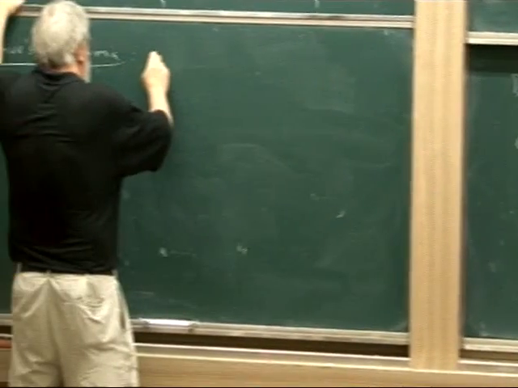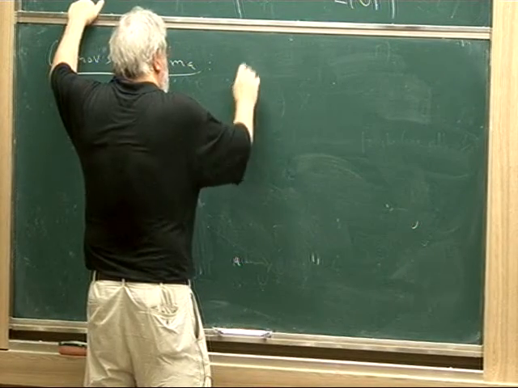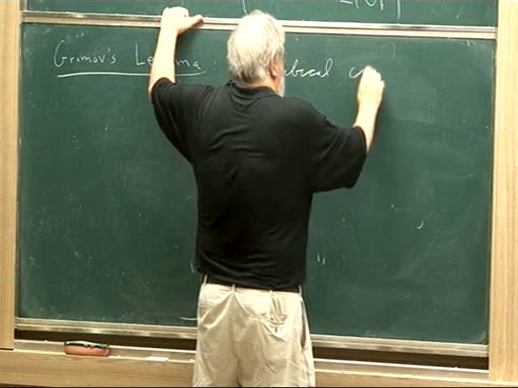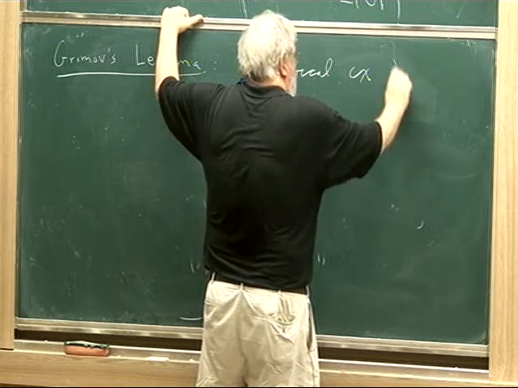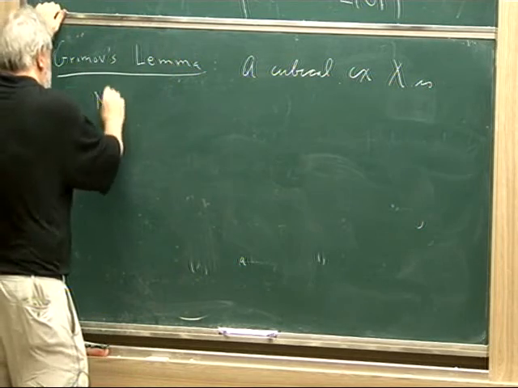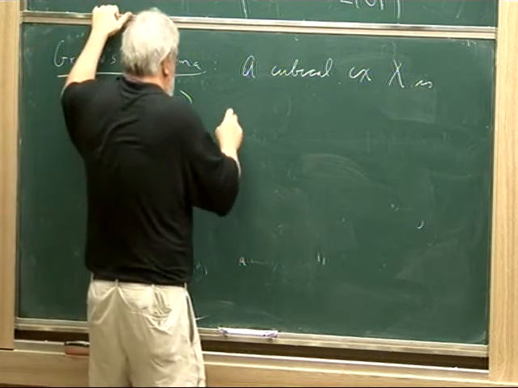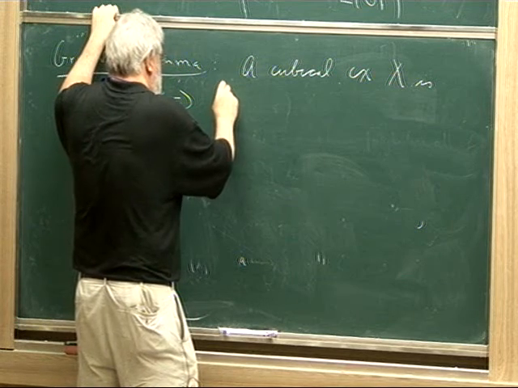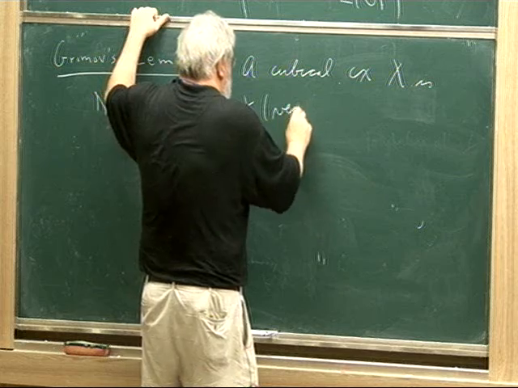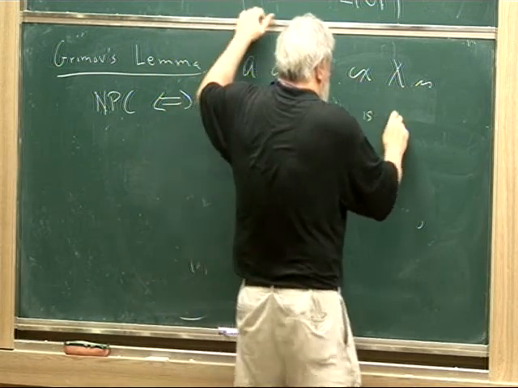Here's what Gromov's lemma says. A cubical complex X is non-positively curved if and only if the link of any vertex is a flat complex.